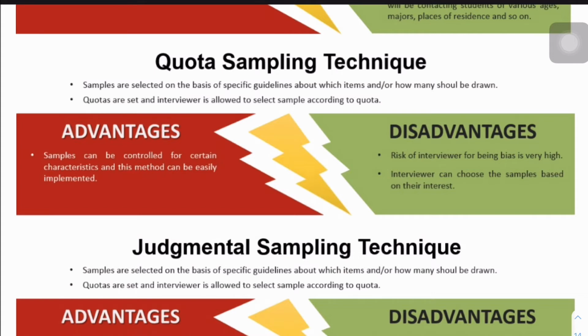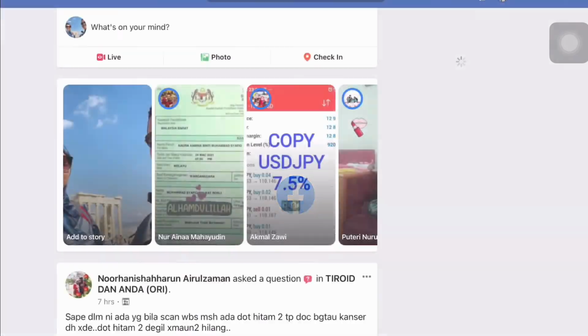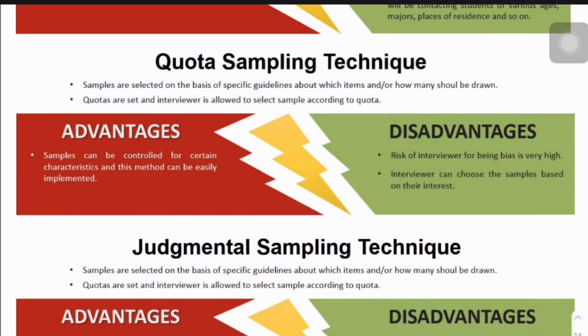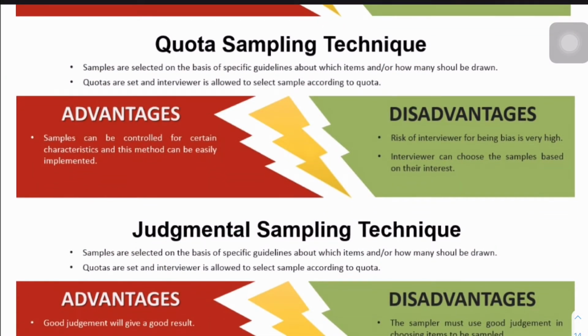Okay, contoh paling mudah, katakanlah kita nak kaji tentang brand telefon yang student tingkatan 5 prefer contoh. Okay, so student tingkatan 5 Malaysia prefer. So population kita adalah student tingkatan 5 dalam Malaysia.